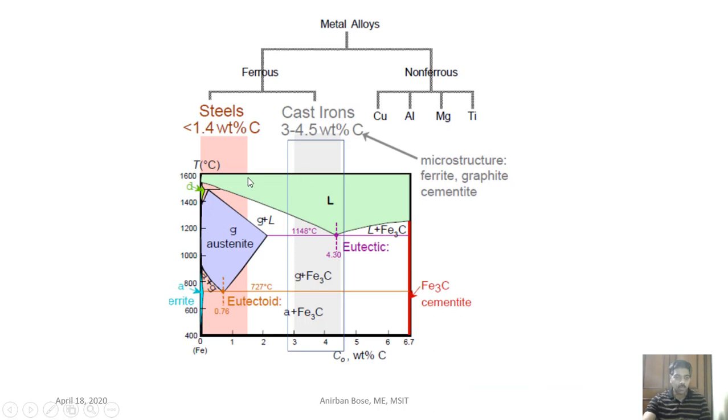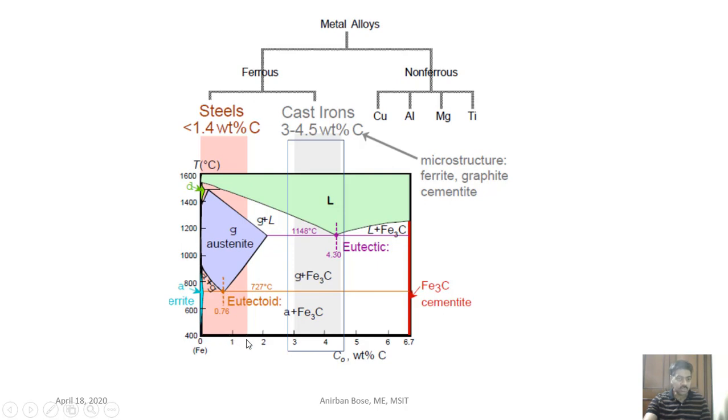So if we recapitulate our iron carbon diagram, you see this is the portion where the eutectoid reaction takes place. So this portion is basically the portion of steel, right?